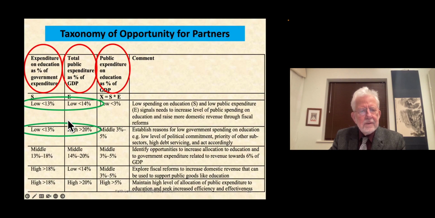We can contrast those countries with countries where one or other of these key parameters is low or high, where the expenditure on education as a proportion of government is low, but the total public expenditure is high, or vice versa. These lead to different kinds of scenarios in terms of what may be the options, what may be the trade-offs.